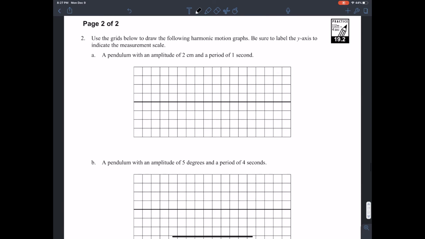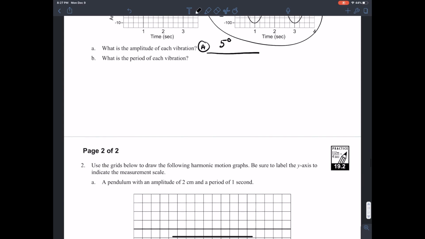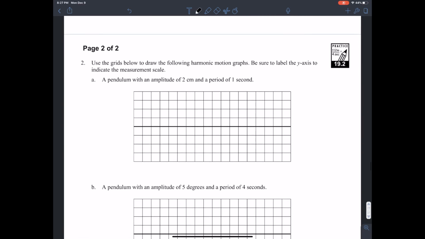On the back side, last thing that we're going to do today is I'm going to show you the basic setup for this, and it's not much different than what you see right here. So we have our angle, our degrees, and the position is on the y-axis, and you see the time is always on the x-axis. So our first example, it says it's in centimeters, so I'm going to go 0, 1, 2, and these are our distance, our position in centimeters right here.